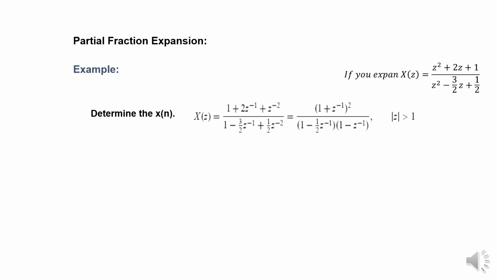What I did was consider X(z) with z to the power terms, not z minus 1 terms: z squared plus 2z plus 1 divided by z squared minus 3 over 2 z plus half. So I have found the factors here.